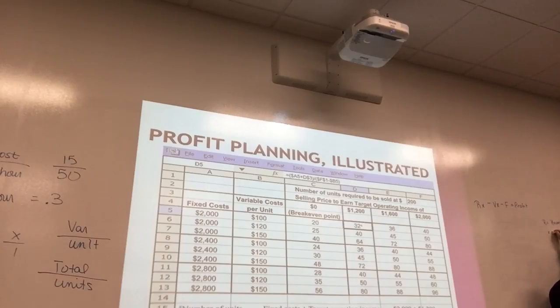Okay? X equals number of units. V equals variable cost per unit. Okay? F equals fixed cost. Okay, and then P equals profit. Okay?